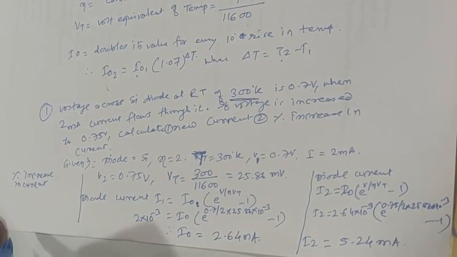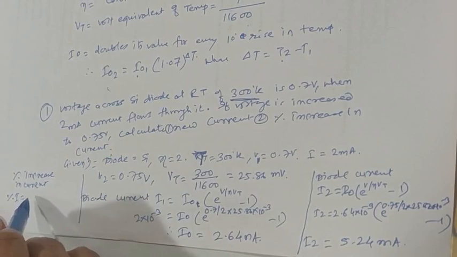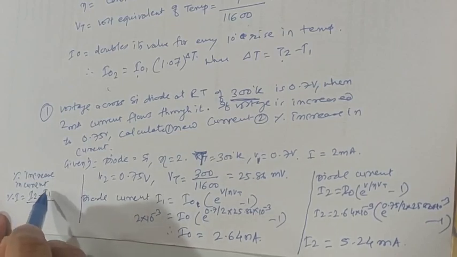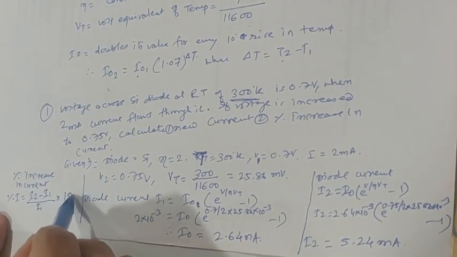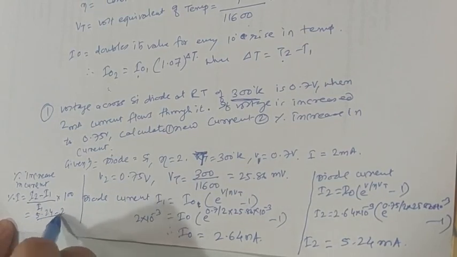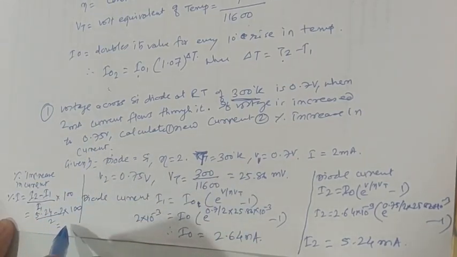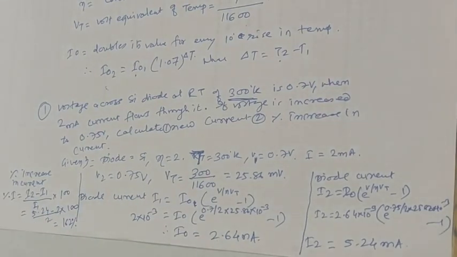The percentage is equal to I2 minus I1, new current minus old current, divided by the old current multiplied by 100, because percentage change with respect to the original we need to calculate, right? So it will be 5.24 minus 2 divided by 2 into 100. Of course 10 to the power minus 3 is also there, so it comes out to be 162%.